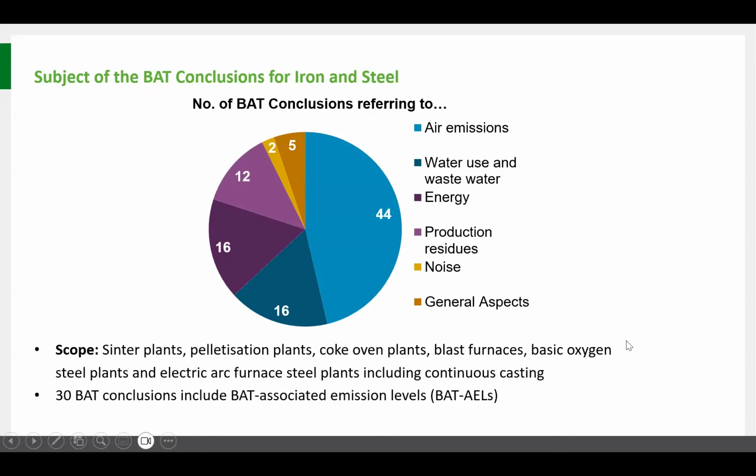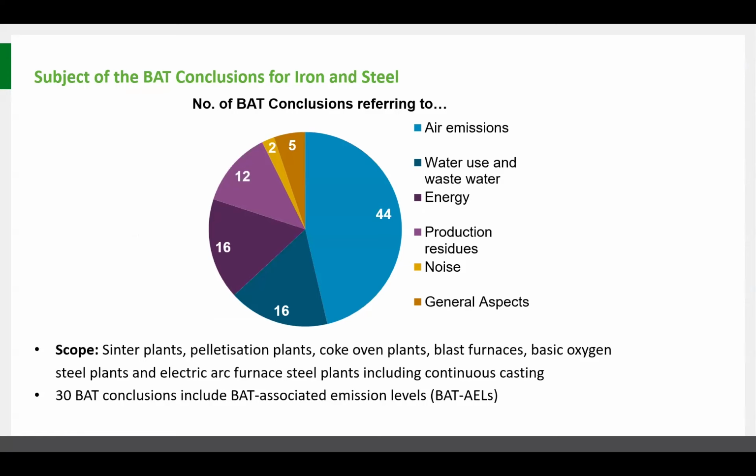Next slide, please. So what is the subject of the BAT conclusions of iron and steel? From all the BAT conclusions, most of them, almost half of them, 44 in number, address air emissions.